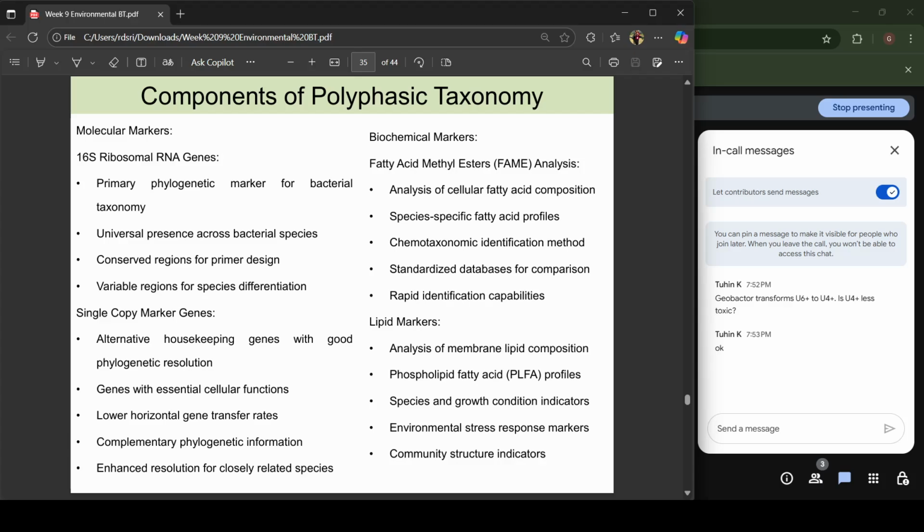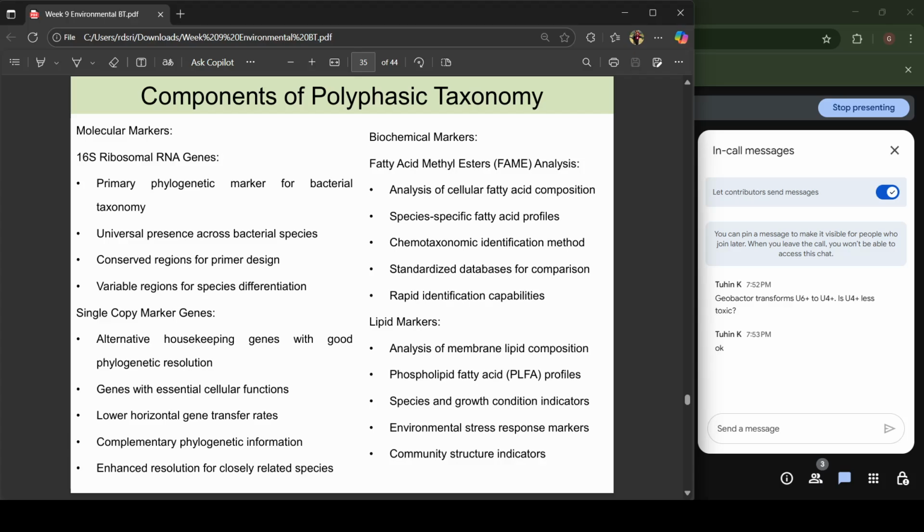So it has the advantage of both conserved and variable regions. One is for primer design, the other is for species differentiation. And the next molecular marker is the single copy marker gene. Single copy marker genes are an alternative to housekeeping genes with good phylogenetic resolution. Housekeeping genes are genes that should be commonly available in most of the microorganisms to carry out the day-to-day activity of the microbial cell.